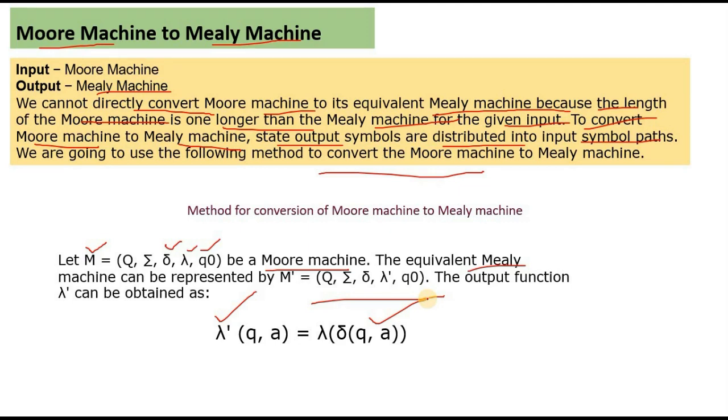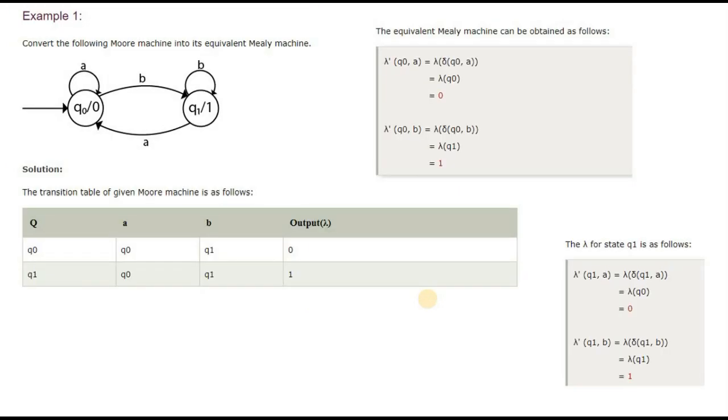So let's come to an example. This state diagram is given like this, and this is the equivalent Mealy machine. So what you have to do is convert the Moore machine to the Mealy machine. How can I identify whether it is a Mealy machine or a Moore machine? From one state to another state only inputs are present, and the outputs are present inside the current or present state.